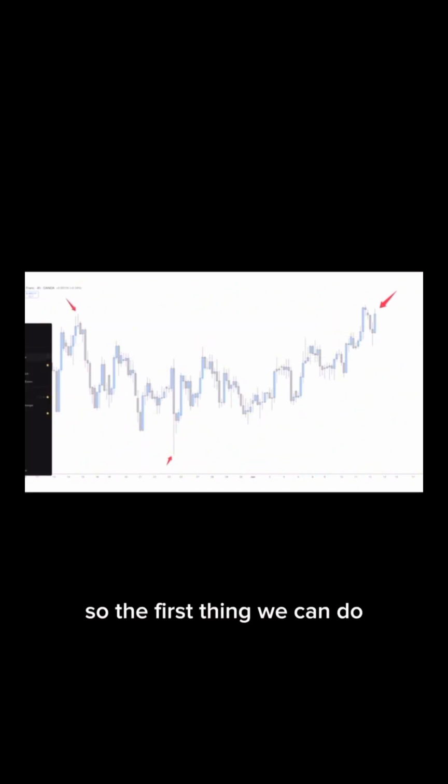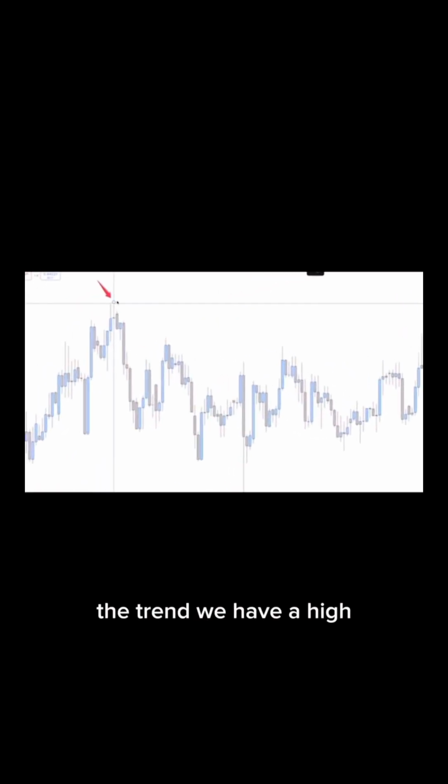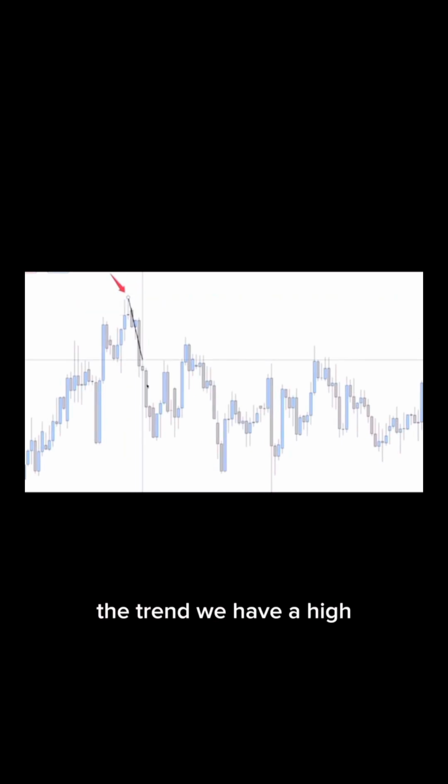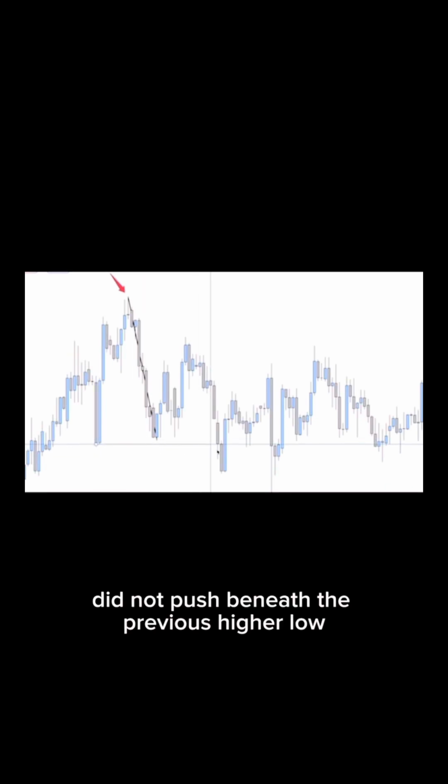So the first thing we can do is just use this path tool to start plotting the trend. We have a high, here we have a low. However, one thing I want to draw your attention to is this low did not push beneath the previous higher low.